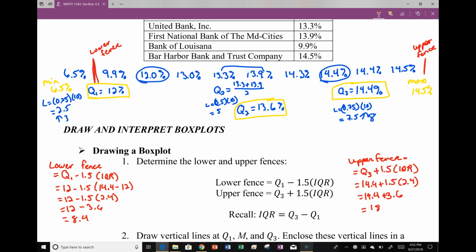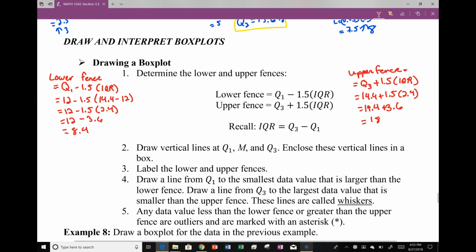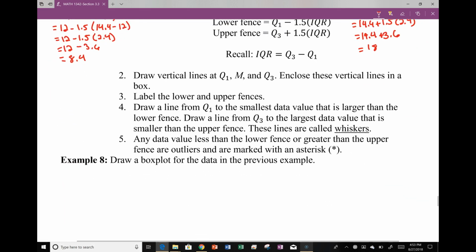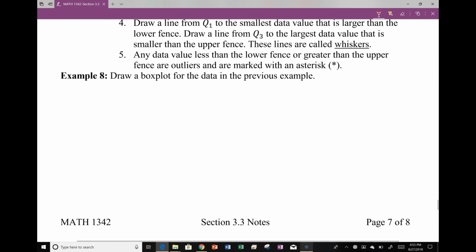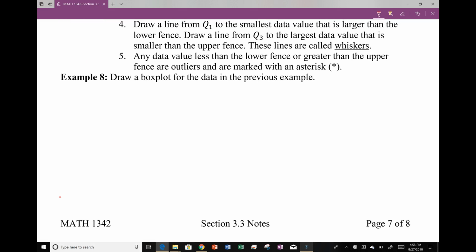So whenever I'm drawing a box plot, I need to find my Q1, my Q2, my Q3, my lower fence, and my upper fence. What I will do is I'm going to draw vertical lines at Q1, the median, or Q2, and Q3. For this, I'm going to go ahead and draw a number line.